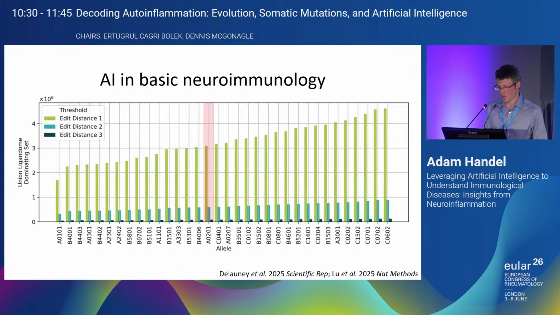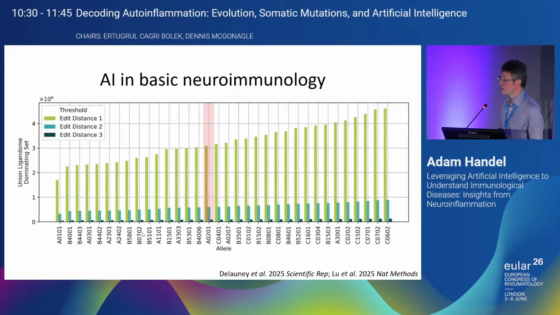And part of the reason for that was highlighted in this really nice paper a little while ago, which was looking at how many peptides would we have to know the TCR pairing of to be able to say that for a given peptide, when you were looking at an unknown one, you'd have a target known within one amino acid edit distance. And actually the numbers you can see here, these are all class 1 alleles, are absolutely enormous.